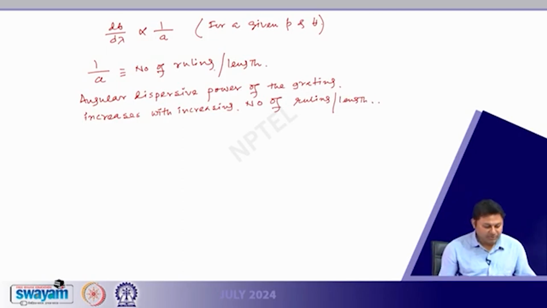So, if the number of ruling is very high, then that basically increases the dispersive power of the system.